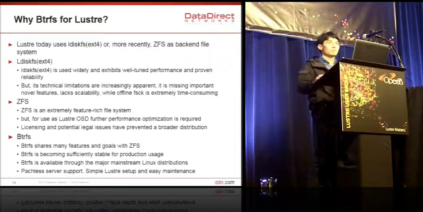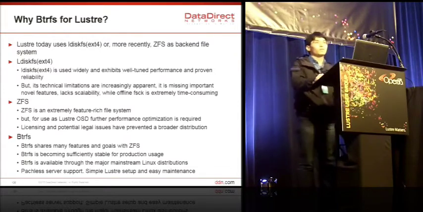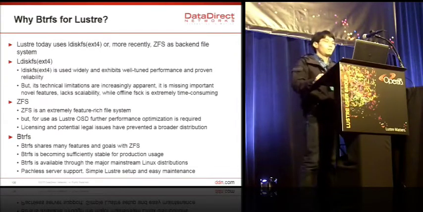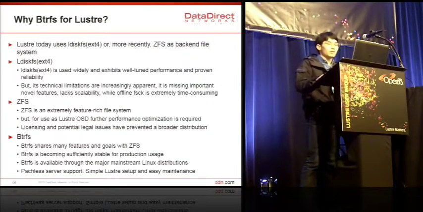Because of this, we have to look for alternatives, and we believe that Btrfs is a good option because Btrfs shares many features and goals with ZFS, and it is becoming sufficiently stable for production usage.